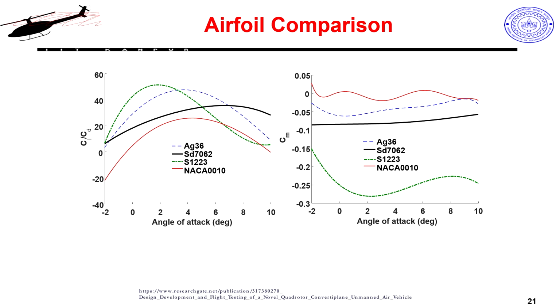The blue line is AG 36 and the green line is S1223, and interestingly the max for the green line is at approximately close to 2 degrees, while my blue line has a max at around 4 degrees.